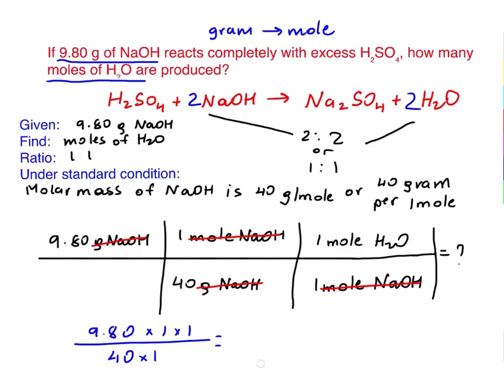So with that, you solve for it, and it's going to give you 0.245. The unit is of course a mole of H2O. It also says how many moles of H2O are produced, and so the answer is 0.245 mole of H2O was produced.